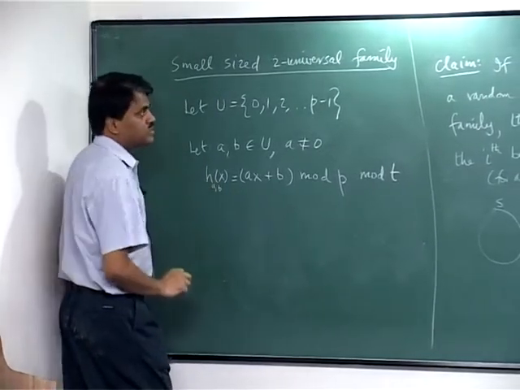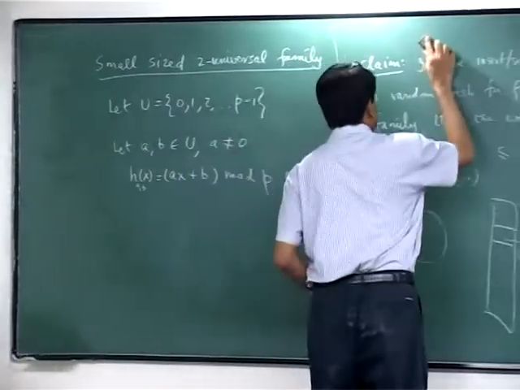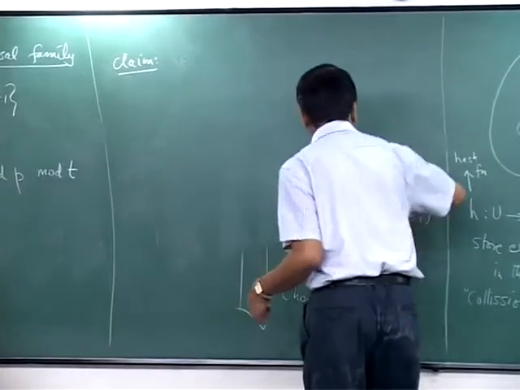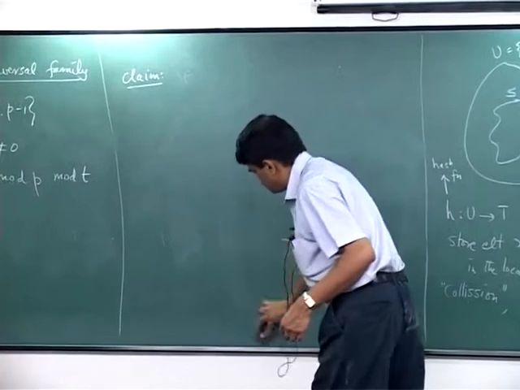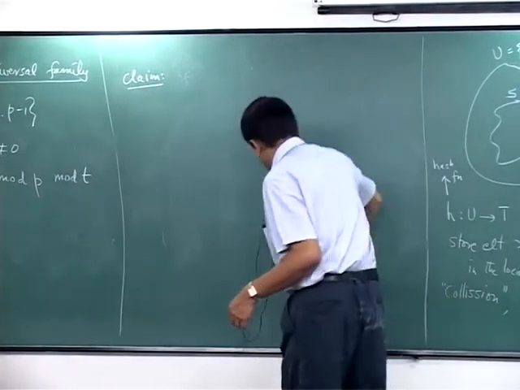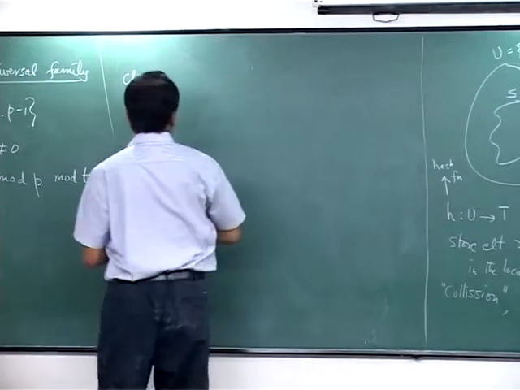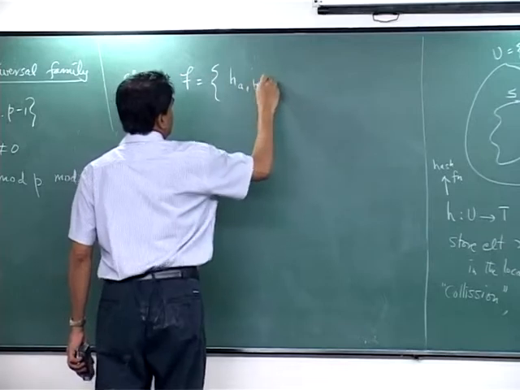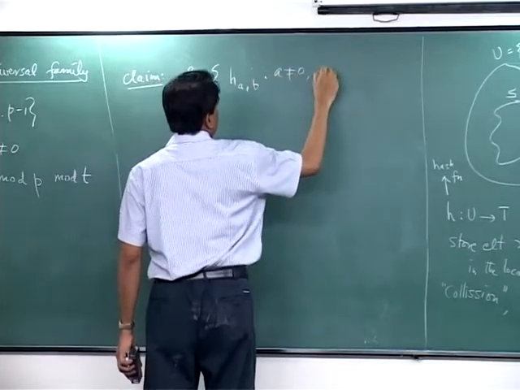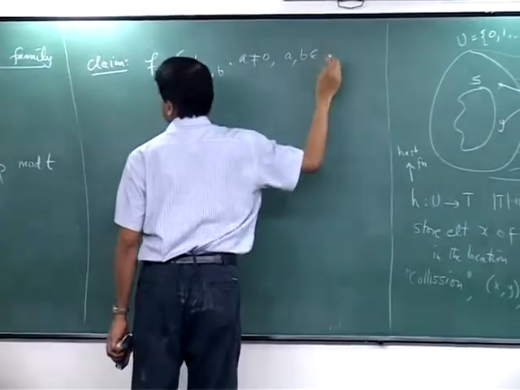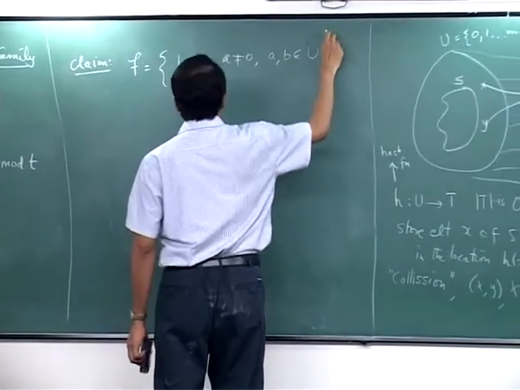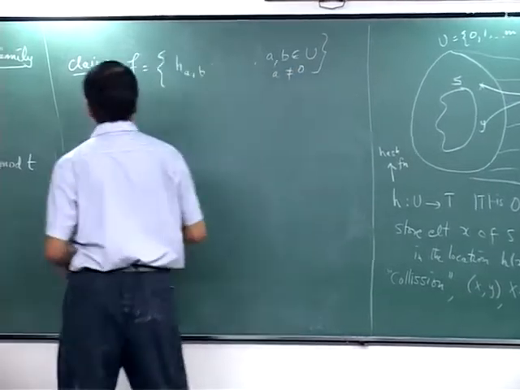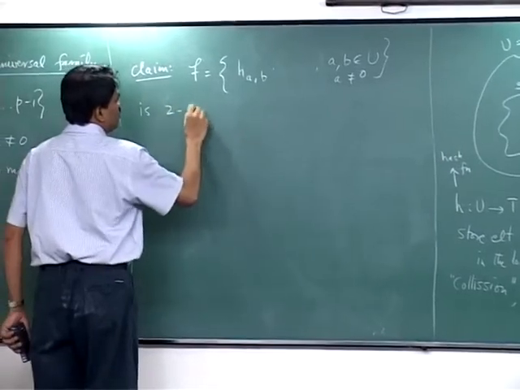The claim is that this family F, h_ab with a not equal to 0, and a, b, is 2-universal.